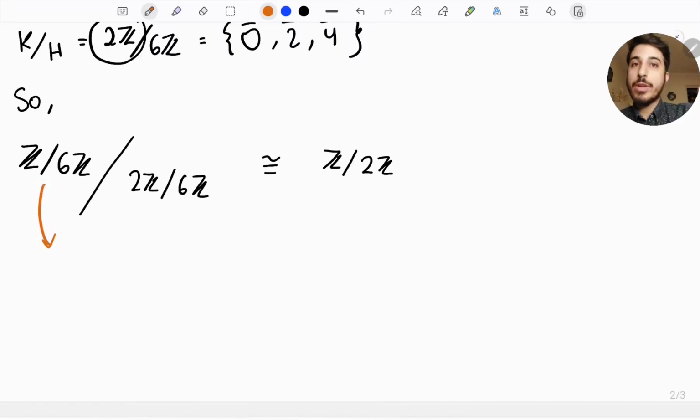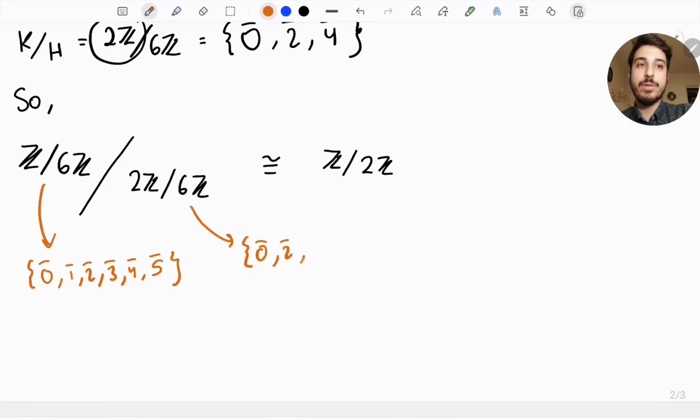To do that, recall that Z/6Z is the 6 elements 0, 1, 2, 3, 4, 5. And 2Z/6Z is simply 0, 2, and 4. Now recall, when we want to take the quotient group, what we do is we take an element here and we operate on all of the set here, all of the subgroup here.